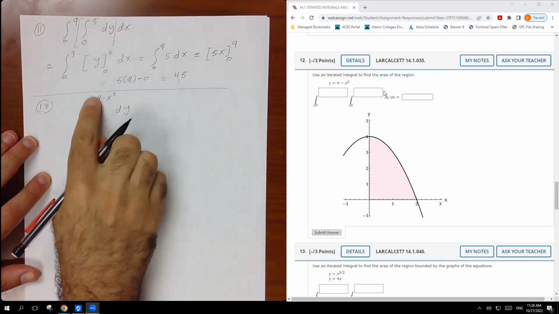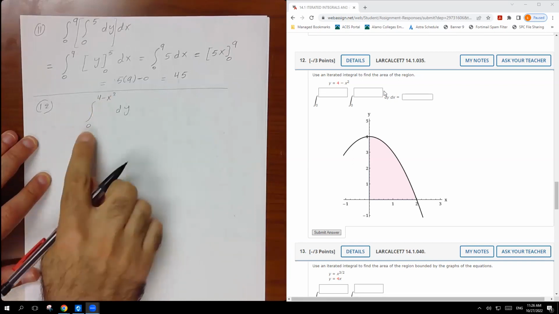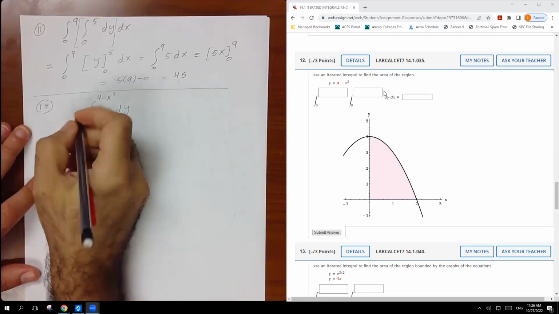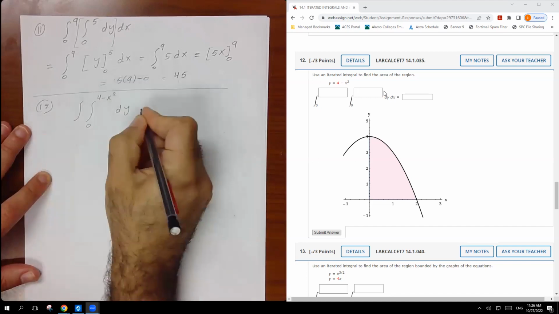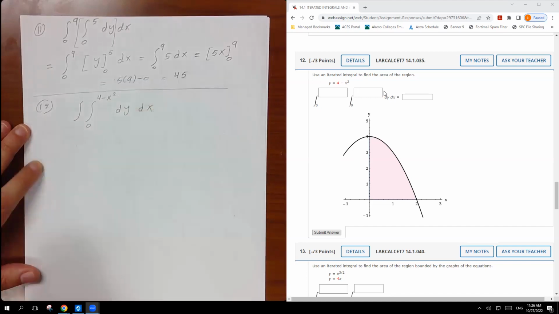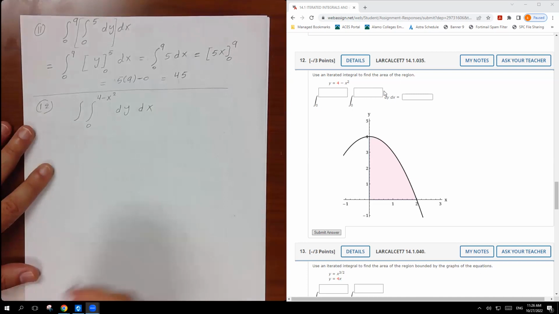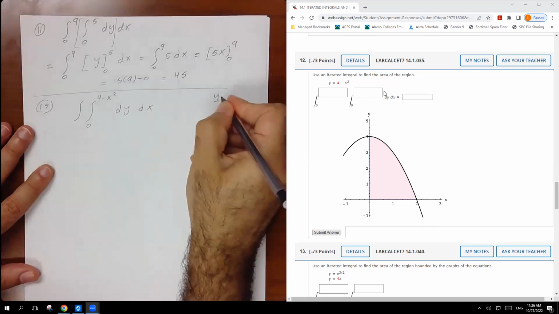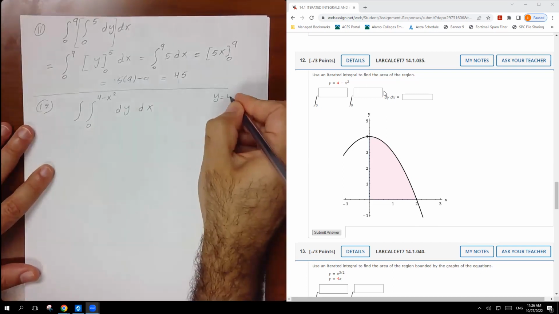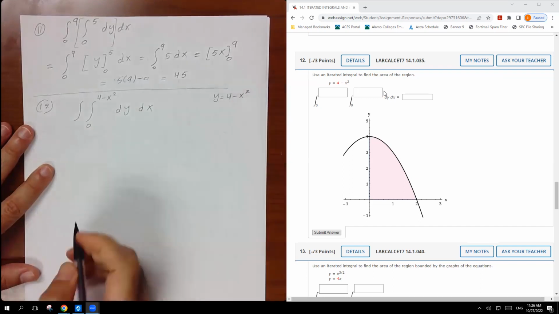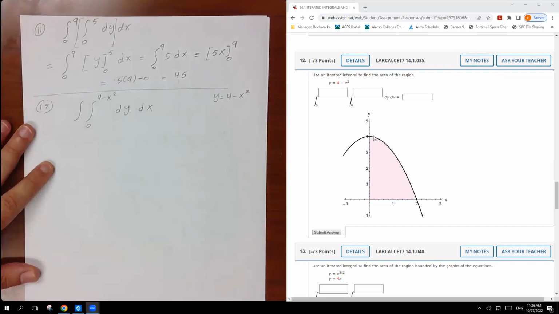Then that means y equals 4 minus x squared, and y here is 0. Now let's find the outside border with respect to x, because I already know y equals 4 minus x squared. Now if you look at the x, when we do rectangles here, the rectangles are going smaller and smaller.